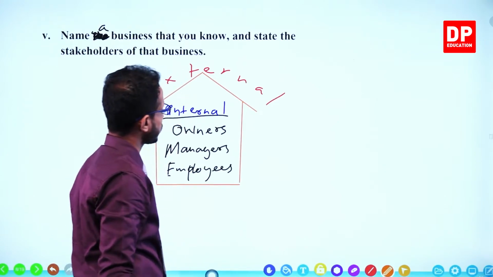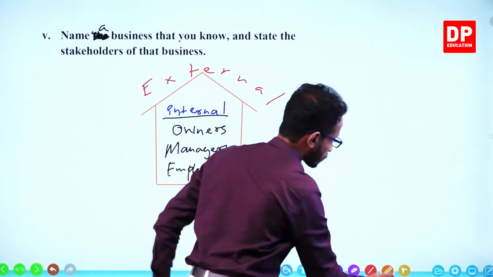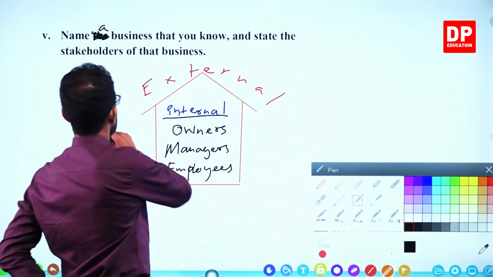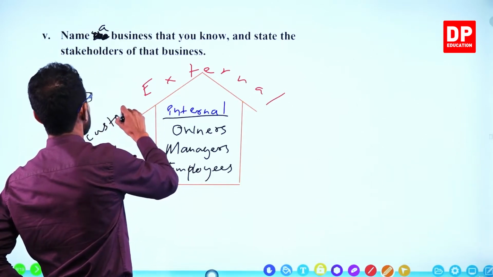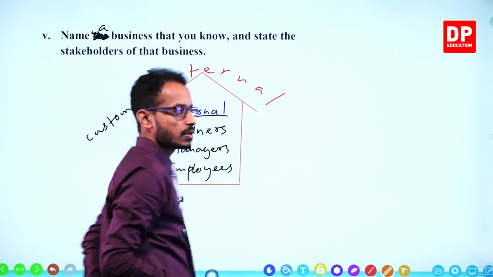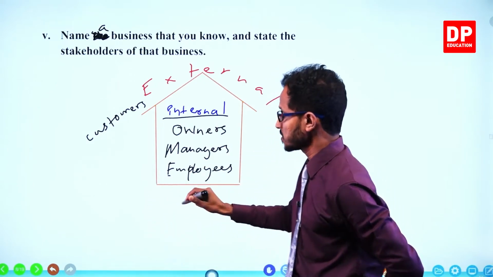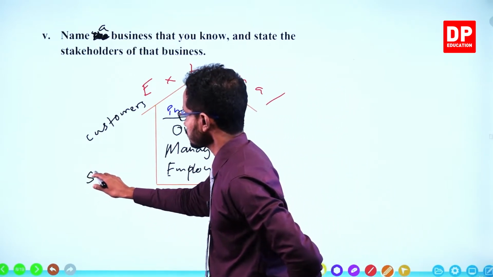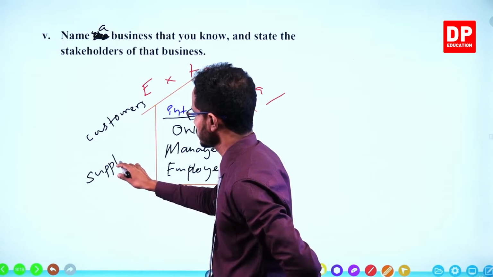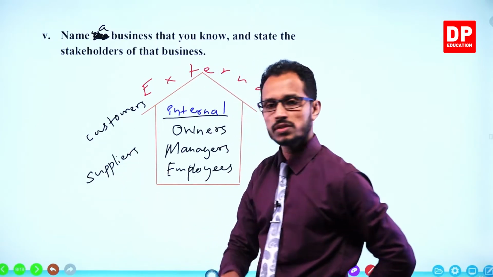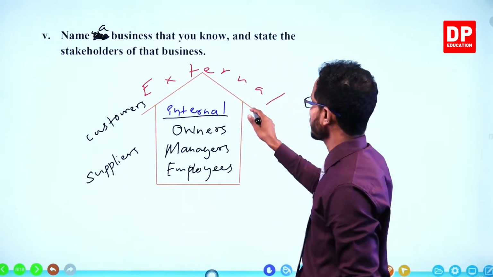Who are the external stakeholders? We have customers, suppliers, who else? Competitors, that's right, competitors.